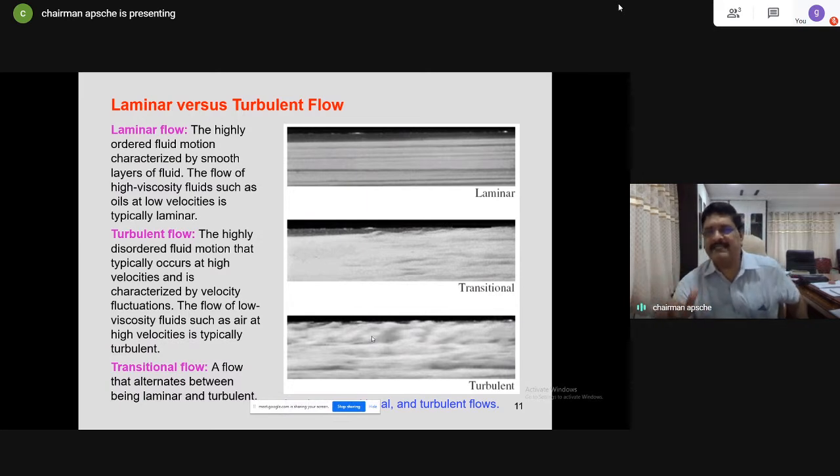Whereas if you increase the velocity, while injecting the ink into the fluid flow, due to the increase in velocity you can obviously observe the turbulence. Once turbulence is set on, the ink that is injected is seen everywhere mixing with the fluid, and the color is dispersed.